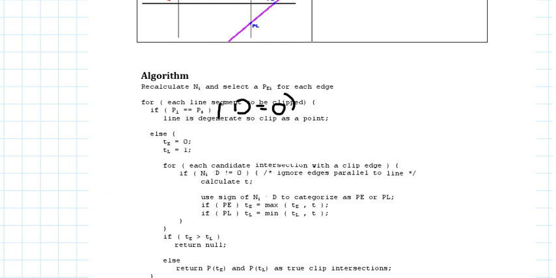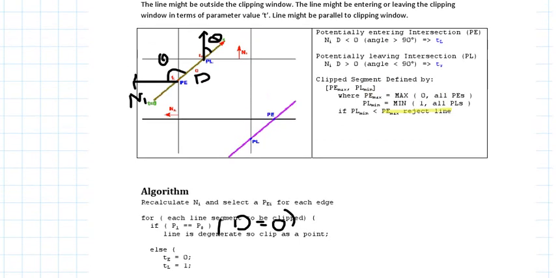So why are you calculating Ni dot Di and checking it against 0? If Ni dot Di equals 0 for a certain edge, then essentially the line will be parallel to that edge.